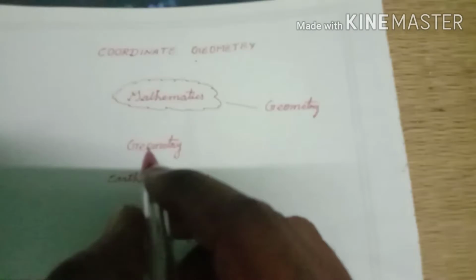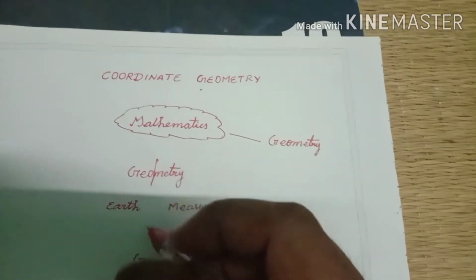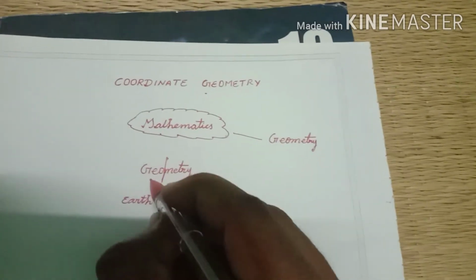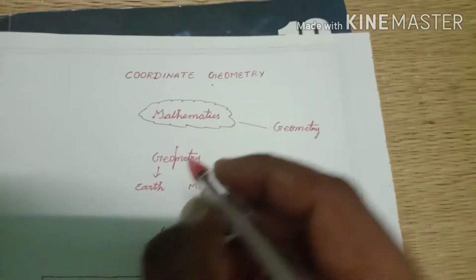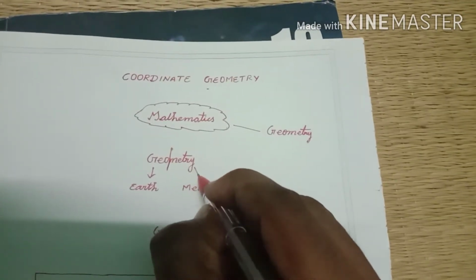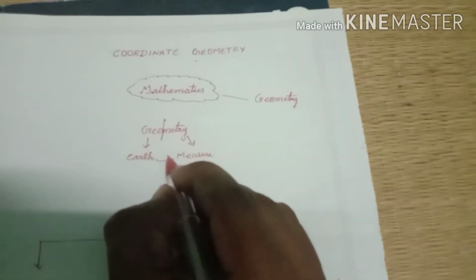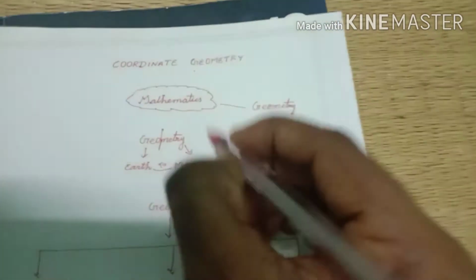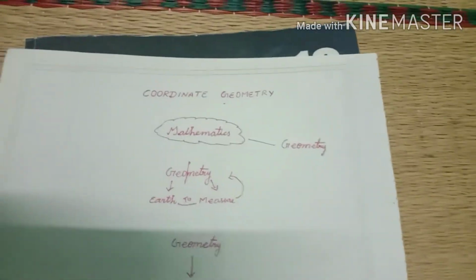Geometry is a branch of mathematics. We can divide the word geometry into two parts. The first part, geo, means earth, and metry means measure. So earth measure is called geometry.